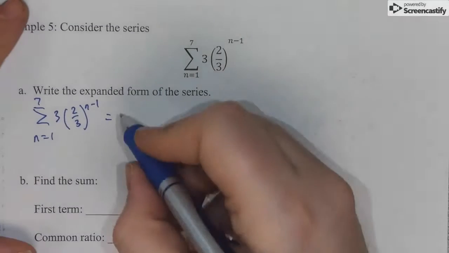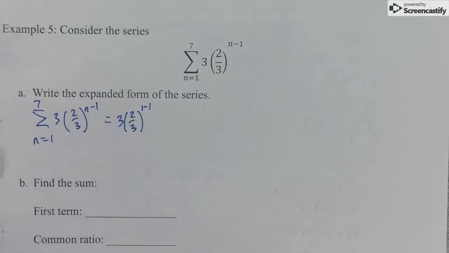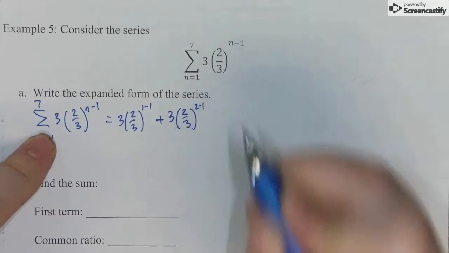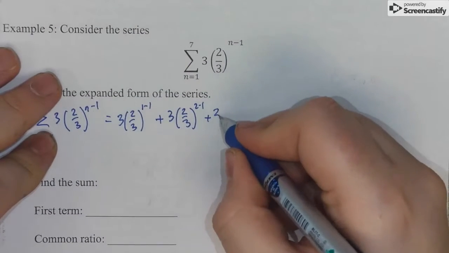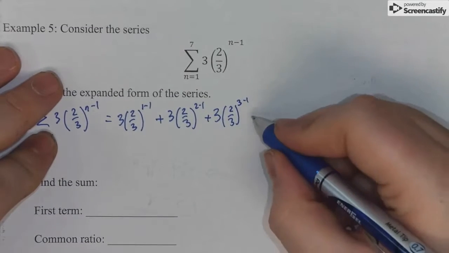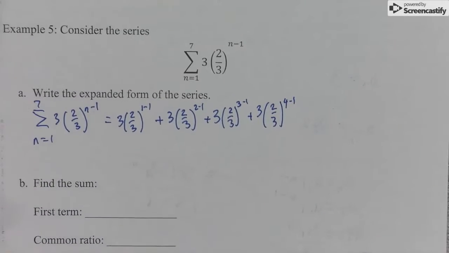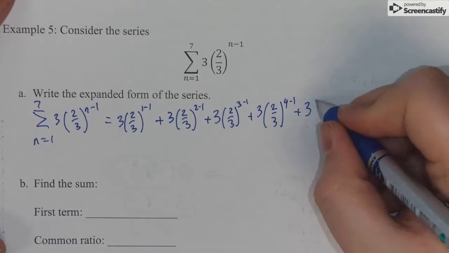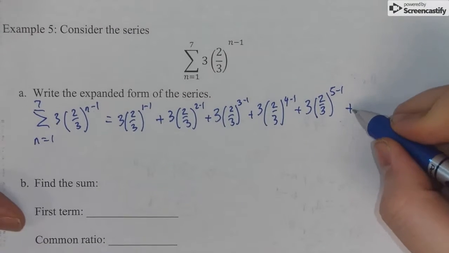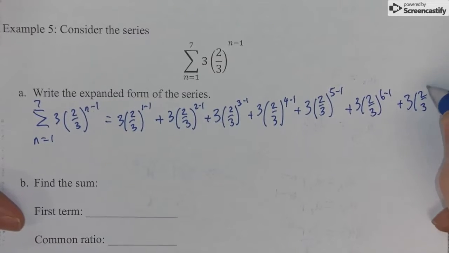So in this example, we'll start with 3 times 2/3 to the 1 minus 1, plus 3 times 2/3 to the 2 minus 1, plus 3 times 2/3 to the 3 minus 1, plus 3 times 2/3 to the 4 minus 1, plus 3 times 2/3 to the 5 minus 1, plus 3 times 2/3 to the 6 minus 1, and then plus 3 times 2/3 to the 7 minus 1.